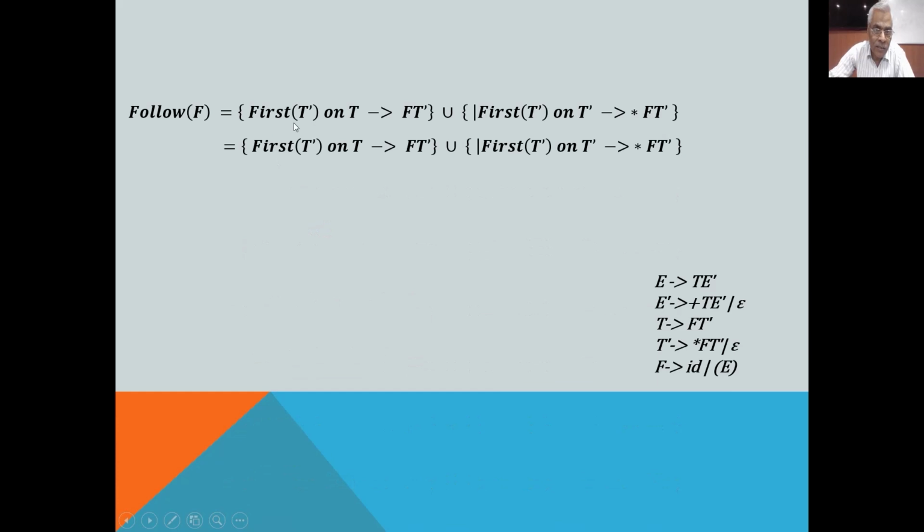From the first we get first of T dash on this production, which is star and null, and we know there will be no null symbol in follow, so we remove this null by using the above three rules.